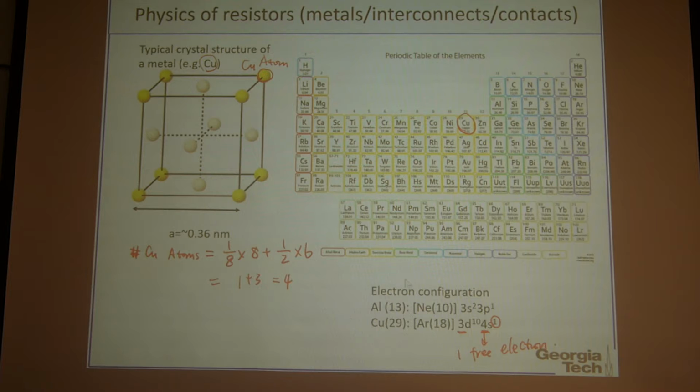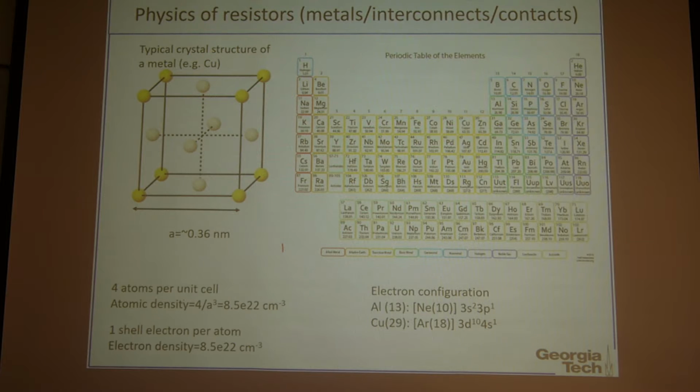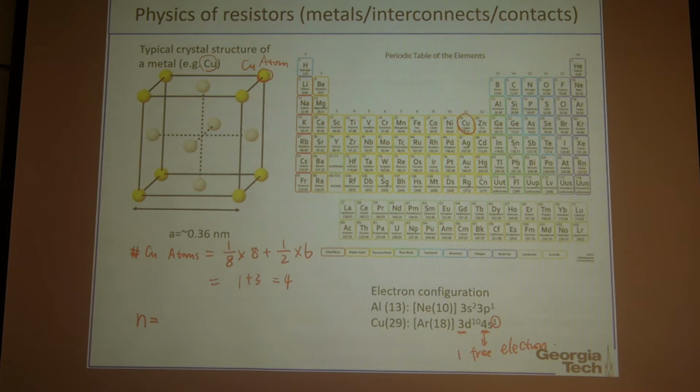Then if you want to get the density n number, then we will use this 4 electron and then divided by the volume of this cell. And then we will get the electron density n, because in this volume you have 4 electrons.